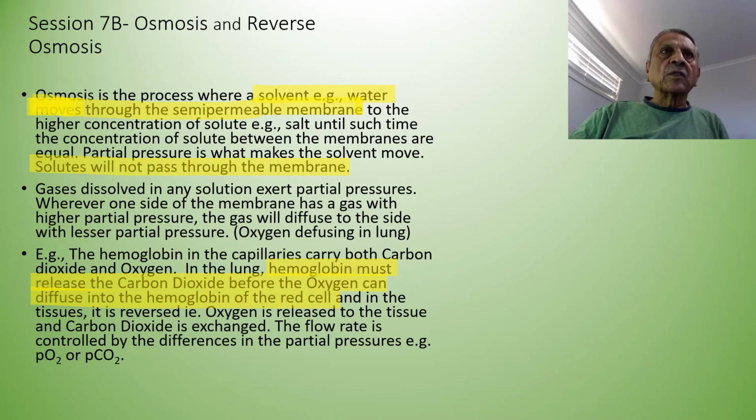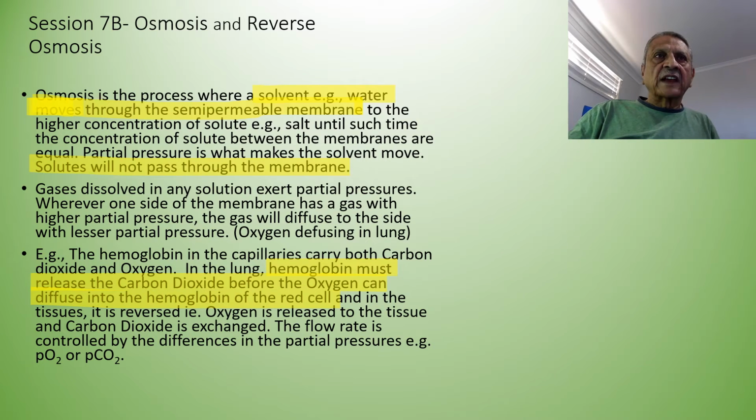We can also apply the principle of partial pressure where gases are concerned, where the gas can go from one part of a membrane into the other part where the partial pressure is lower. Generally, solutes will not pass through the membrane.